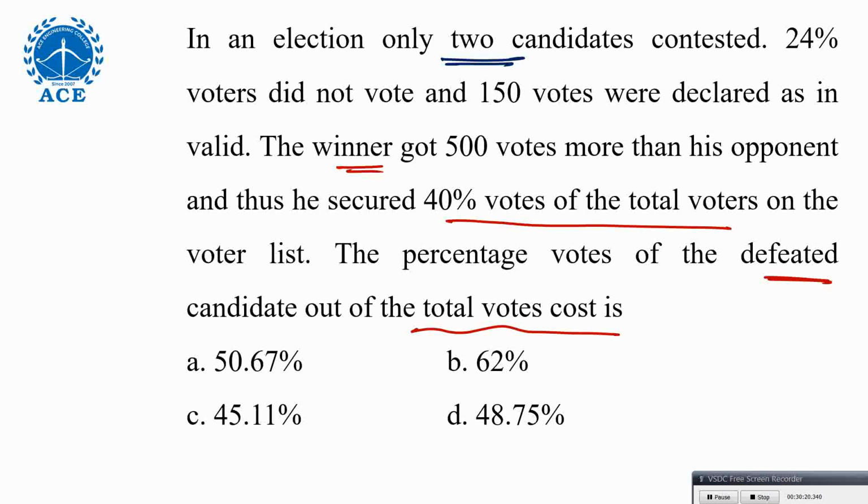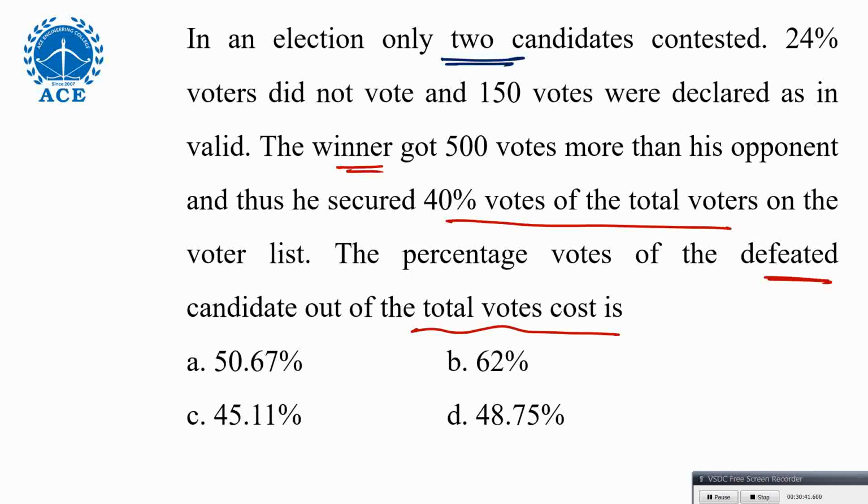Then you may get one of those answers. And don't expect that they'll give free marks for this. No company will give anything free. They will consider, if there is a mistake, how you as an engineer corrected it. Now you have to think that it may be the defeated person out of valid votes.